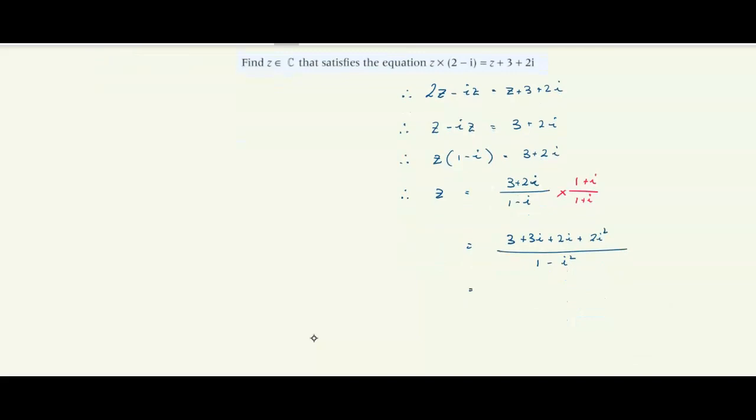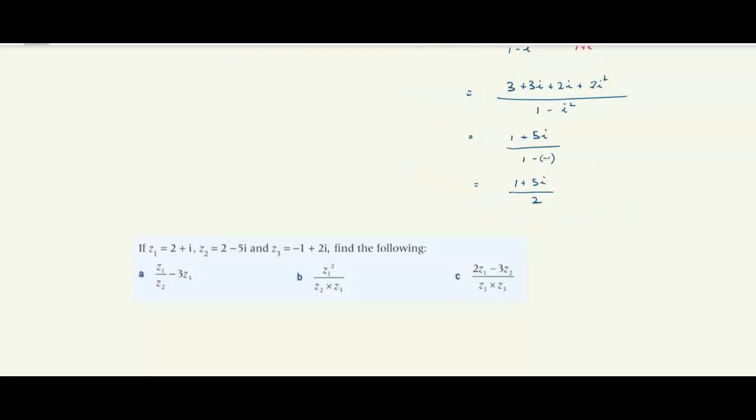Simplifying, 2i squared is negative 1, so this is negative 2. So I end up with 1 plus 5i over 1 minus i squared, which is 1 minus negative 1. So we end up with (1 plus 5i) over 2.